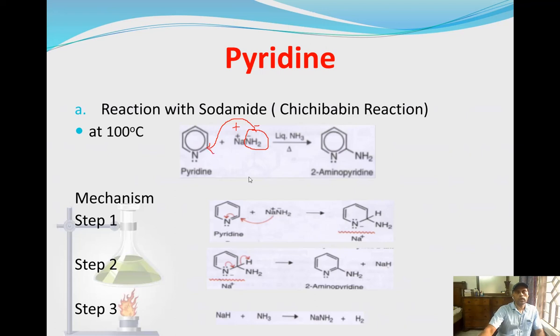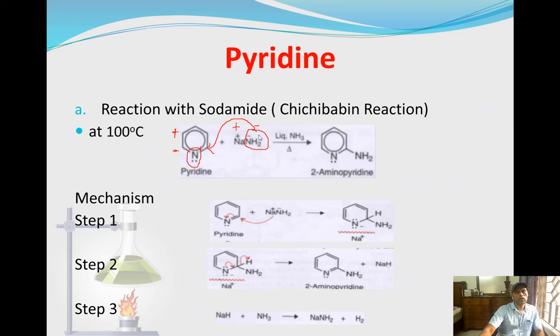Because of the electronegativity of the nitrogen, the ring is going to be more positive, and the electrons will be towards this nitrogen.